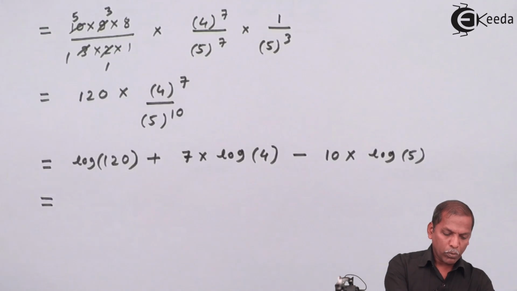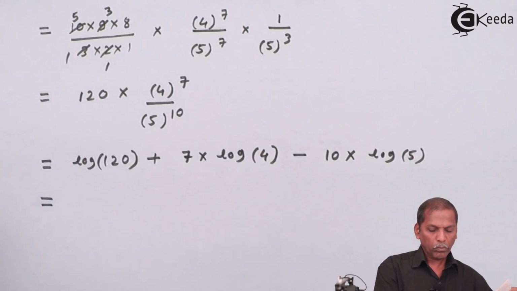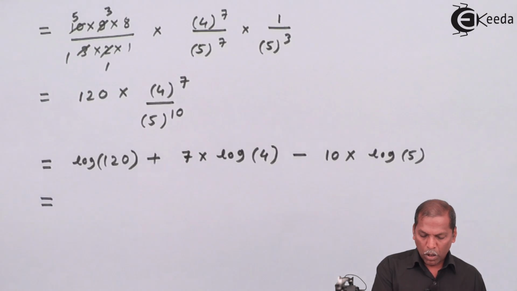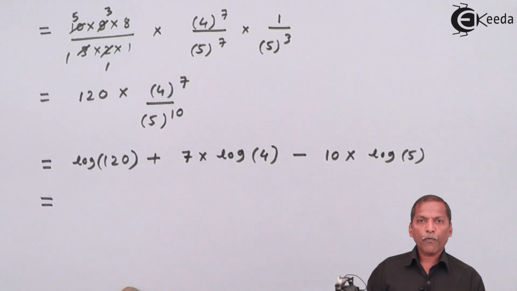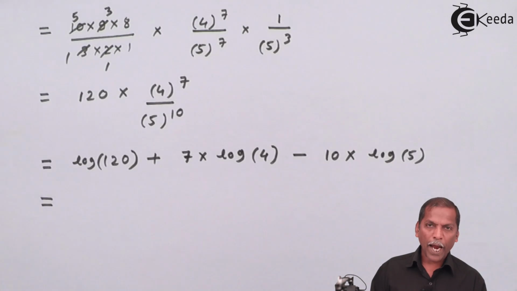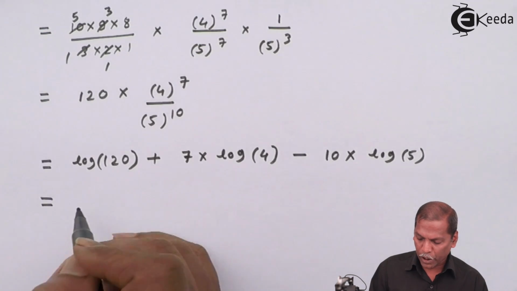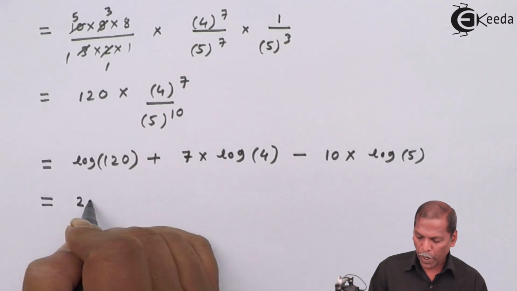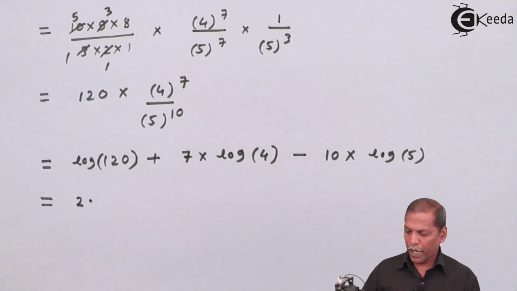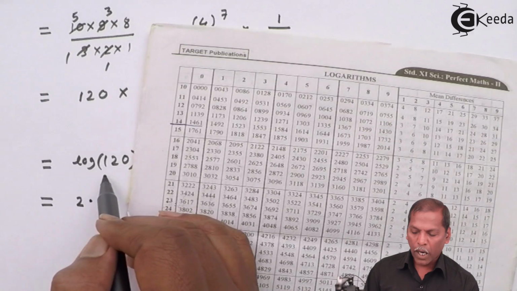Now first of all we have to find log of 120. It means first we have to write the characteristic. Since here we have 3 digits, the characteristic is 2, then we write the decimal point, and then from the log table we see 12 under 0.